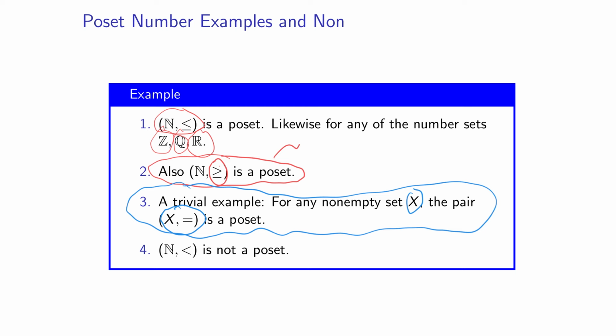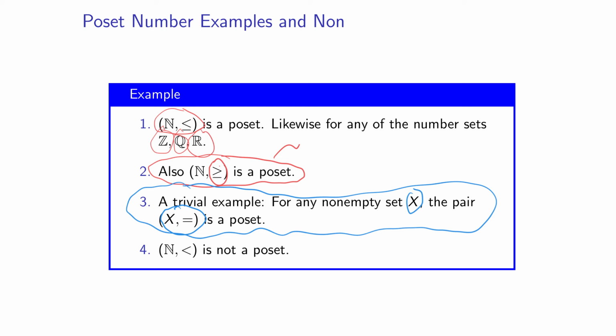Of course, reflexivity is trivially satisfied because everything is equal to itself. Let's think about antisymmetry. If the relation holds between A and B, that just means that A equals B, and then it also holds the other way around, which with equality doesn't tell us anything new.